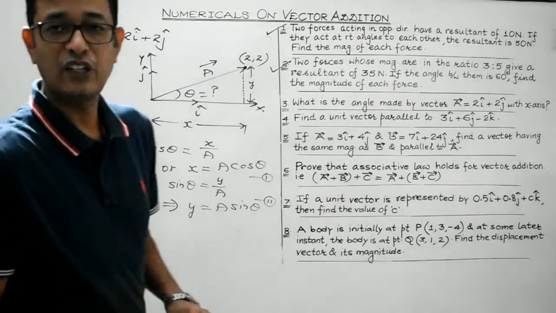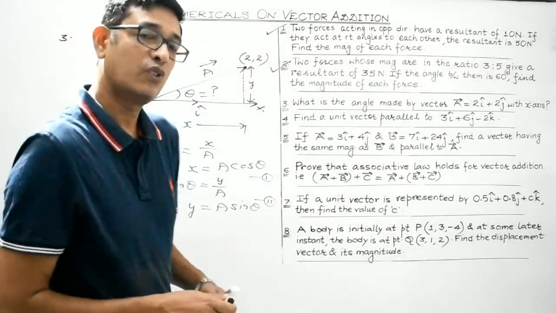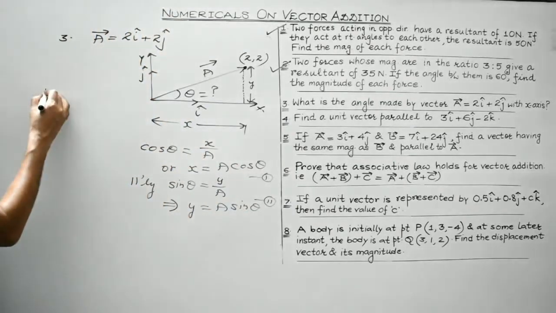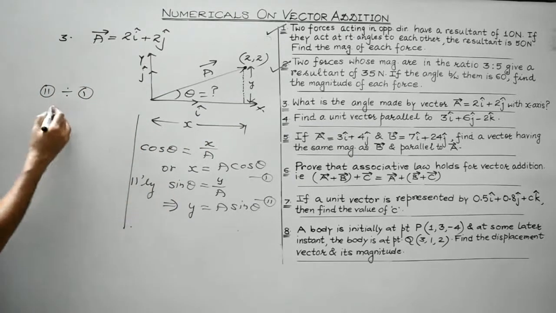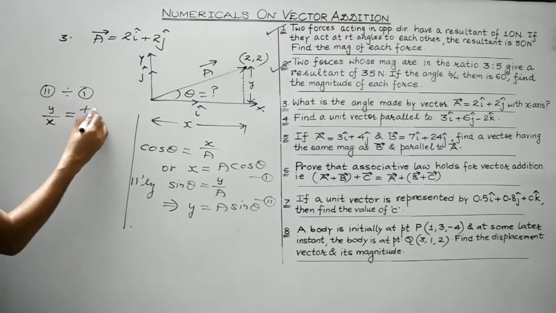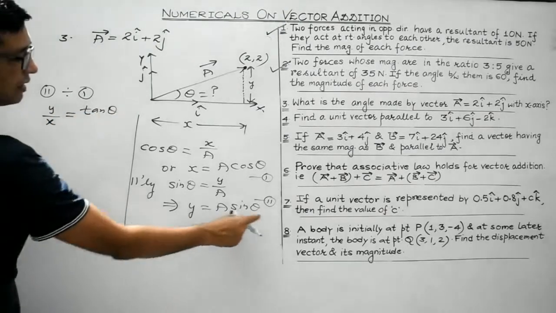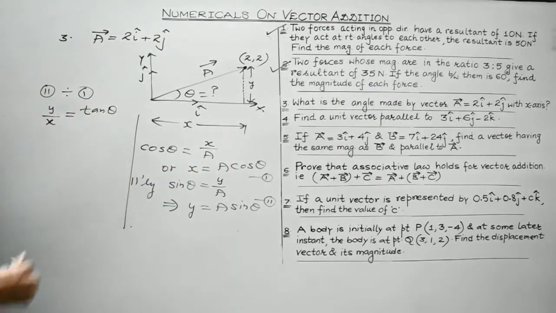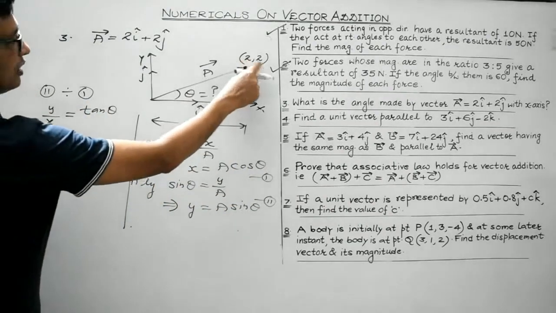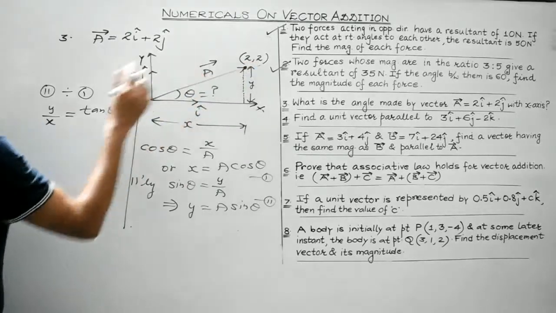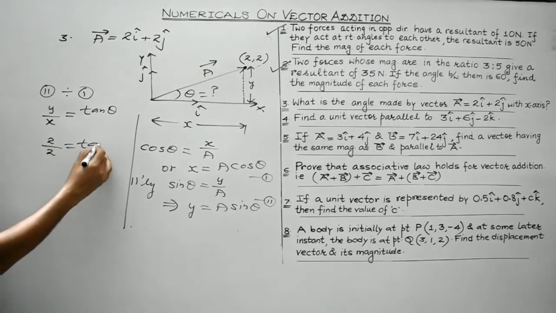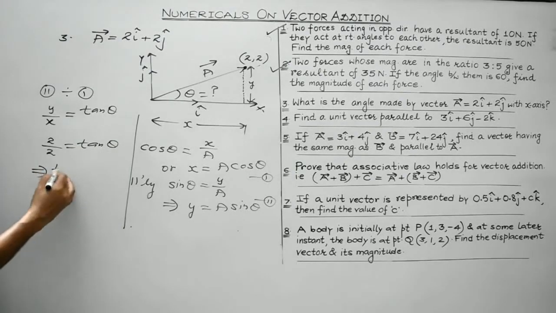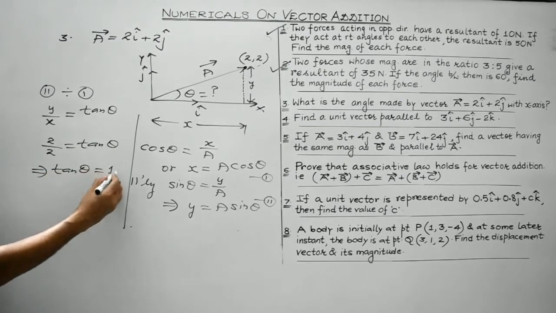Now we need to get the value of theta. So for that, what we do is, if you divide these two, second divided by first, what we get is y by x is equal to tan theta. A sin theta divided by a cos theta, that will give us tan theta. Now the coordinates are 2, 2, right? The value of y is 2, the value of x is 2. So implies that tan theta is equal to 1.